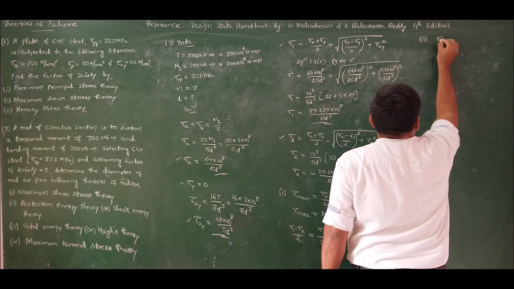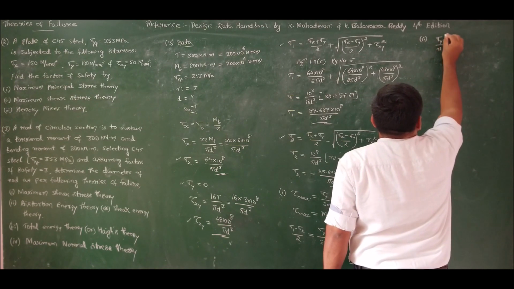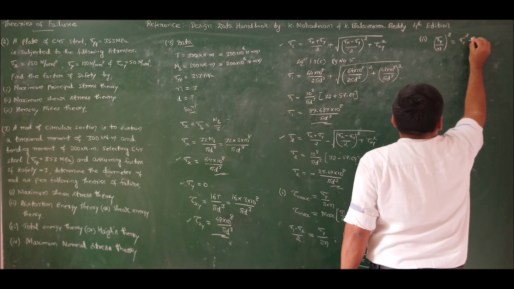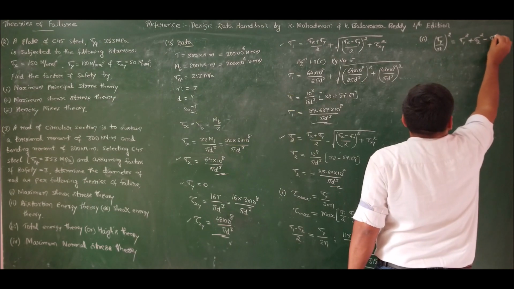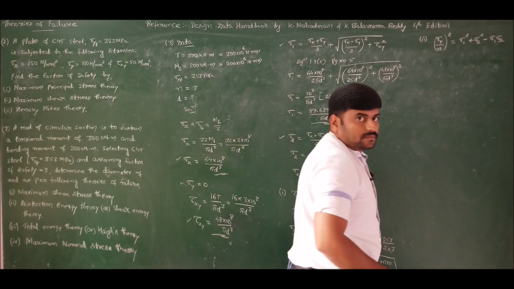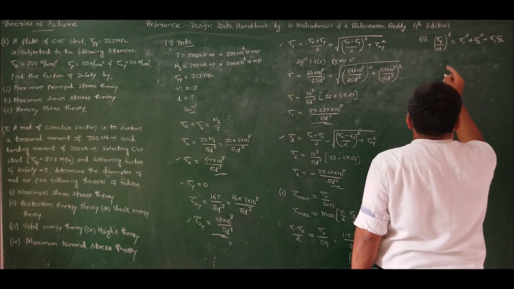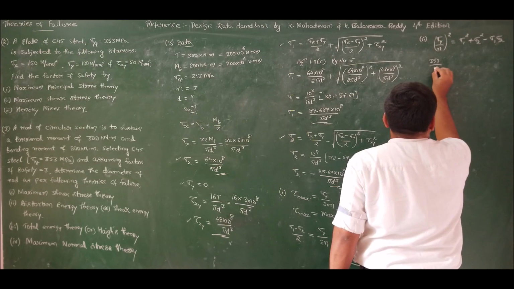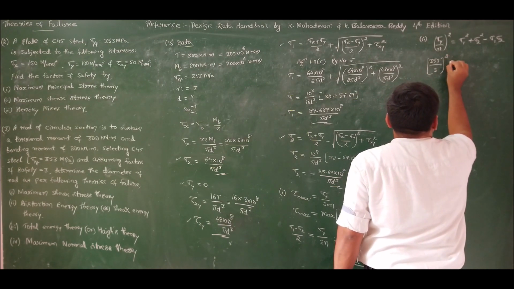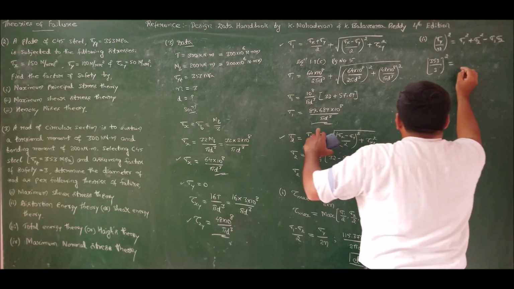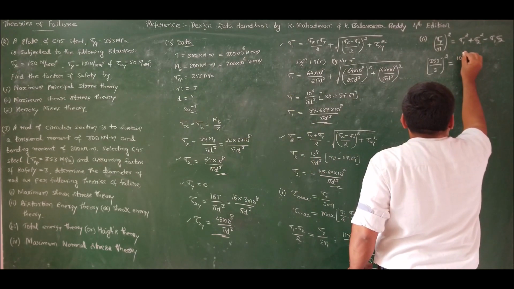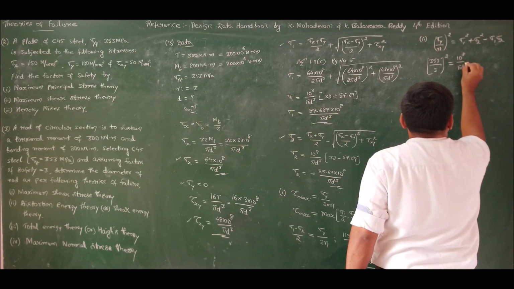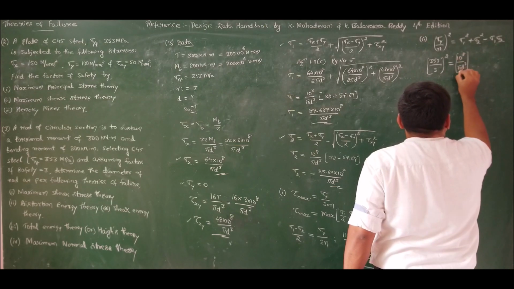According to distortion energy theory, we know that sigma yield by n whole square should be equal to sigma 1 square plus sigma 2 square minus sigma 1 sigma 2. So if I substitute and solve, sigma yield is known, which is 353 by 3 whole square, should be equal to, let me take 10 to the power of 8 by pi d cube square common.